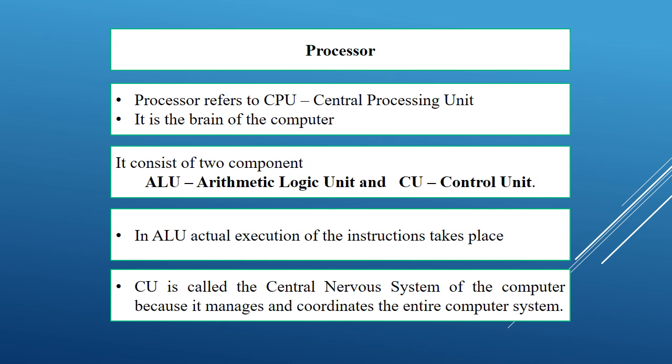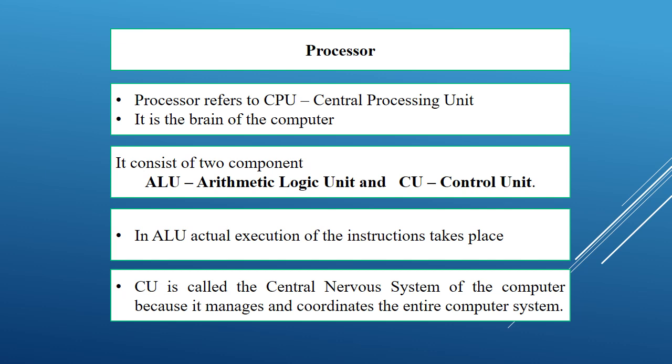And the third thing is the processor. The processor refers to the CPU, the central processing unit. The CPU is called the brain of the computer. In the CPU there are two components: one is the arithmetic and logic unit, and the other is the control unit. The calculation and comparison are done by the ALU. In the ALU the actual execution of the instruction takes place.